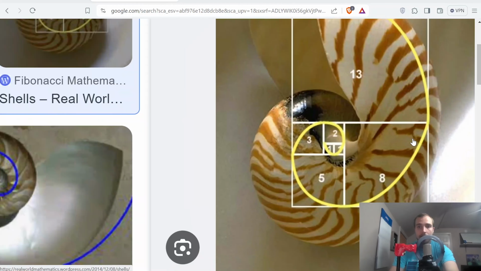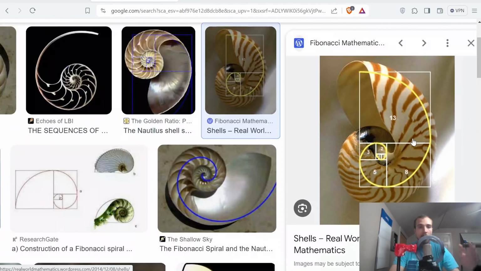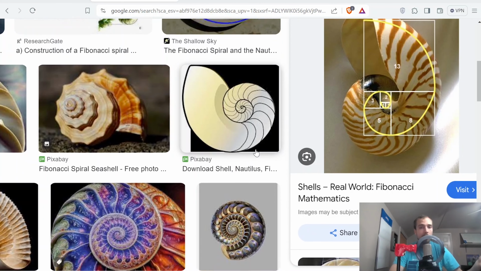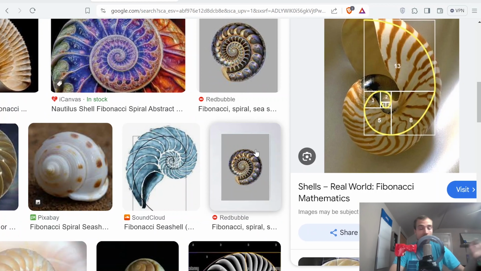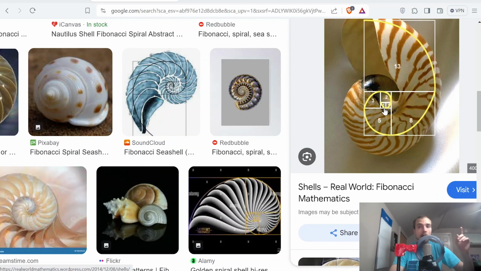So that golden ratio is constant throughout all of nature. It's found in seashells, it's found in galaxy spirals, it's found everywhere, even right down to the amounts of branches that branch out on trees. They branch in Fibonacci numbers starting at 1, 2, 3, 5, and 8. So this Fibonacci math, this geometry, is constant throughout life.